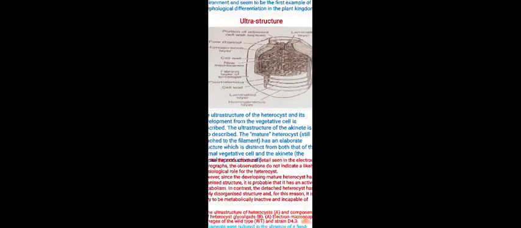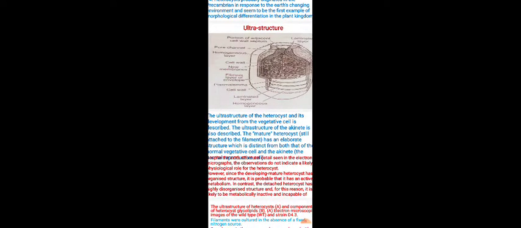Then secondly, the cell wall, and on the lower side you are observing the homogeneous layers, the laminated layer, the cell wall, the plasmalemma inside this, and the fibrous layer of the envelope, the cell wall, the membrane, and the homogeneous layers. So this structure is very typical.